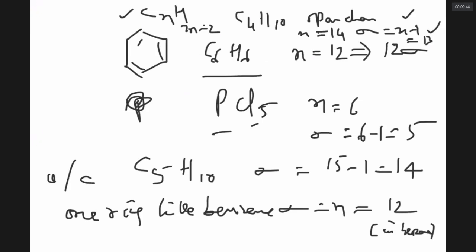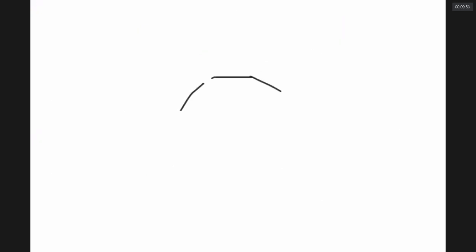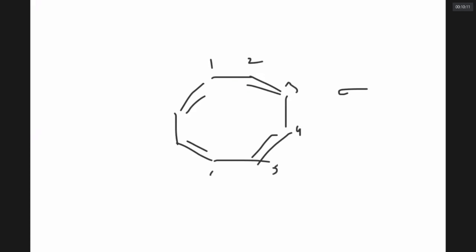Suppose I have a structure like this. Now let me write a structure. Cyclooctatetraene. How many sigma bonds does it have? How many hydrogens does it have? 8.